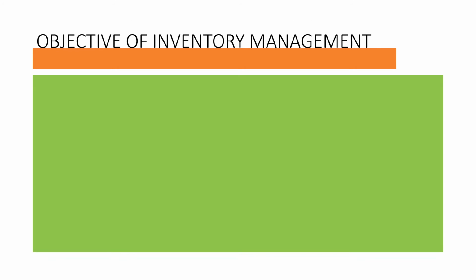Objective of inventory management: preventing dead stock and perishability. So what is dead stock? Dead stock is something that is being kept in the stock, or being kept in the godown, for a long time.